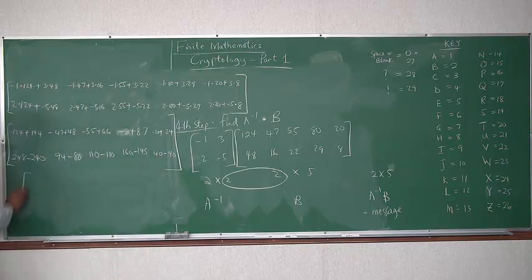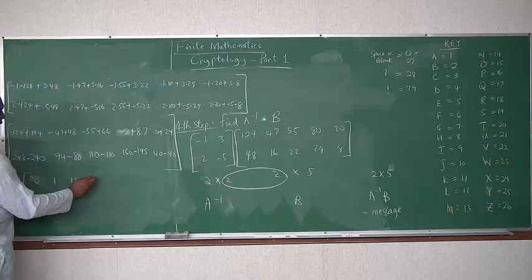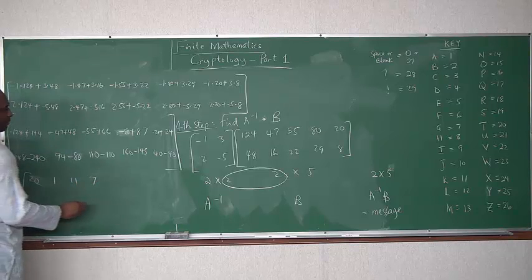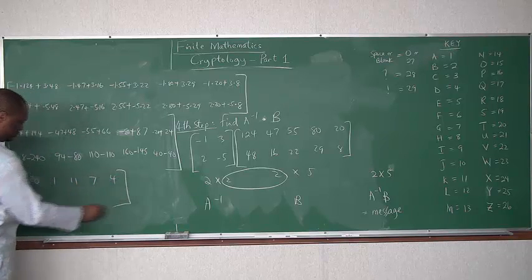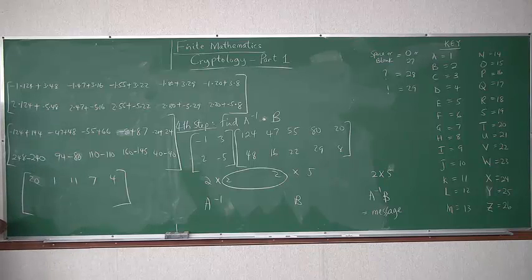Alright, folks, what we got now? We have 144 minus 124 is 20. This is 1. 66 minus 55 is 11. 87 minus 80 is 7. 24 minus 20 is 4. And then we have 248 minus 240 is 8. 94 minus 80 is what? 14.